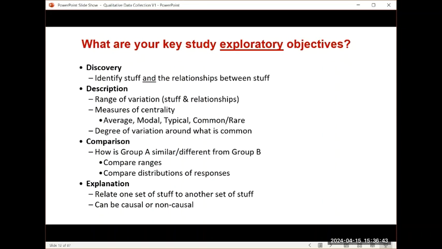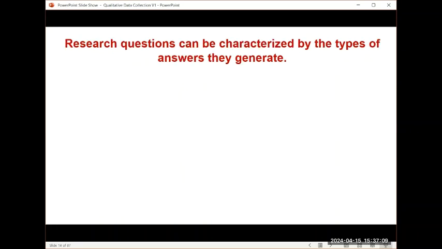So if you're shooting for explanation, almost inevitably, this is sort of like a Guttman scale, you also are going to probably participate in discovery, description, and comparison along the way, right? But the challenge now is, how do you actually get these things done efficiently and effectively?